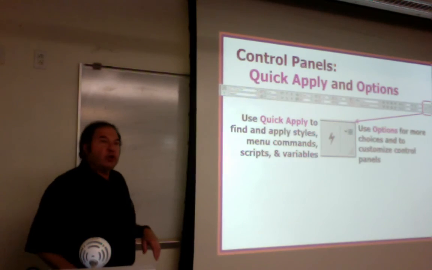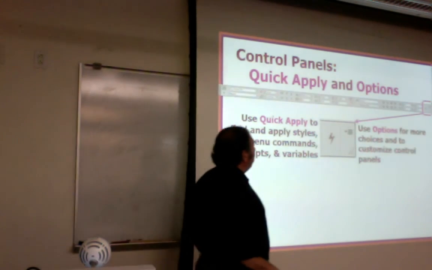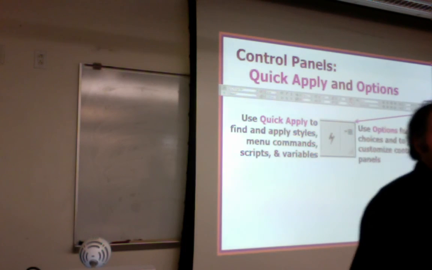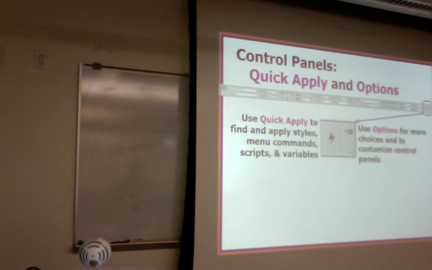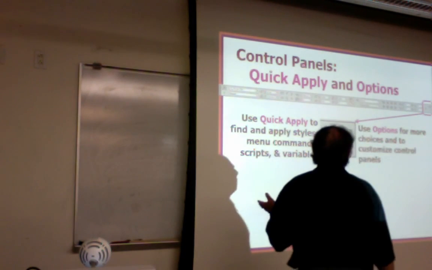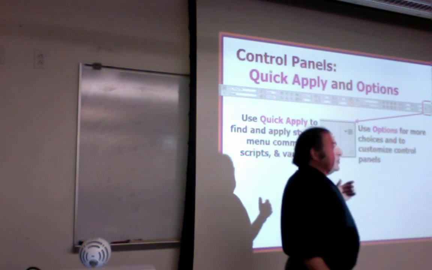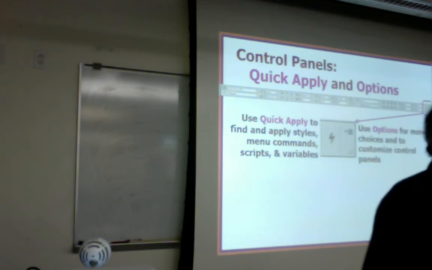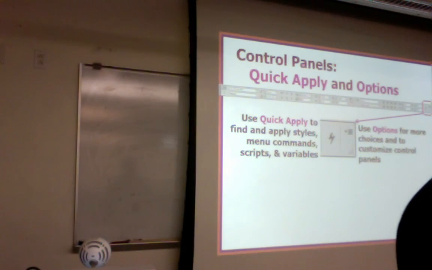All right, 2 more buttons, and then I'll let you go. Over on the right-hand side, you've got a flash of lightning. Some people love it, some people hate it. I never use it, but it's there. You should know. Okay, it's called Quick Apply. If you click on it, it'll give you a list of different styles, and then you can decide which style you want to apply, and boom, it's right there.